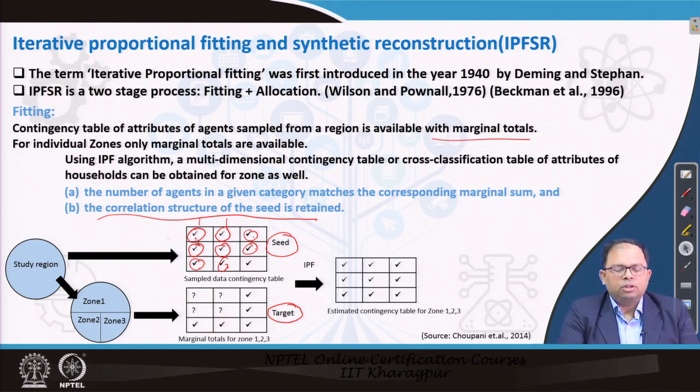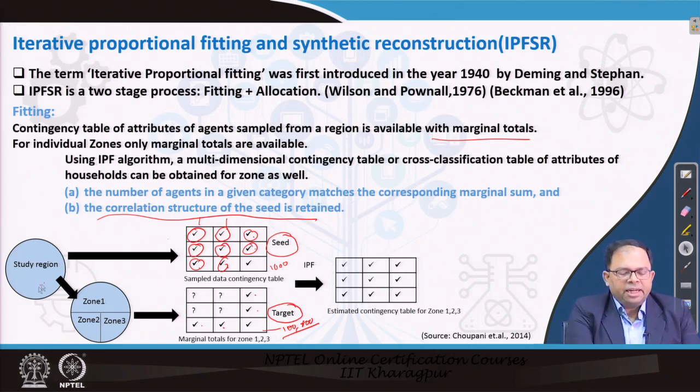So this is the seed data, and we need to apply it in a target area where we just have the control totals, but we don't have the grouping. For example, the sample may cover around 10,000 people or 1,000 people, whereas this zone may have 1 lakh people. So we need to clone this population for this entire zone. That is what we are doing over here, and the IPF algorithm helps us to do that.